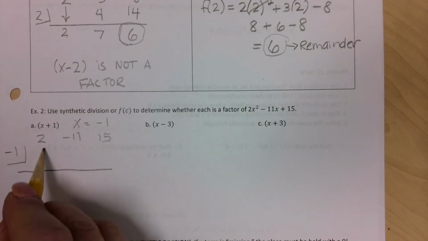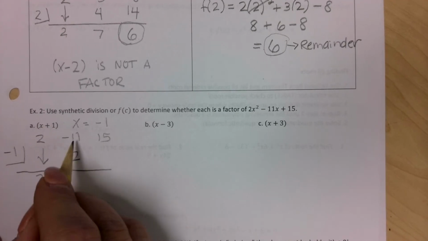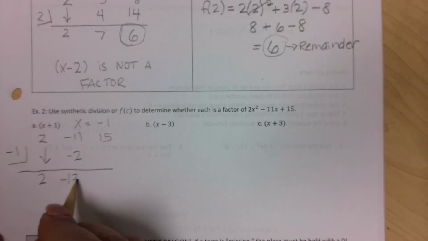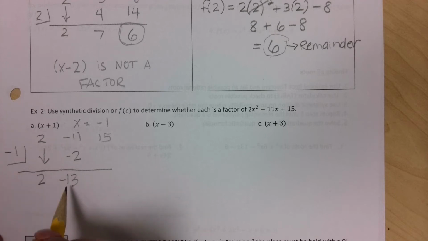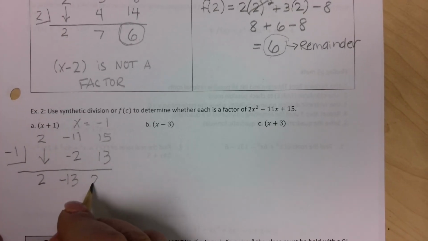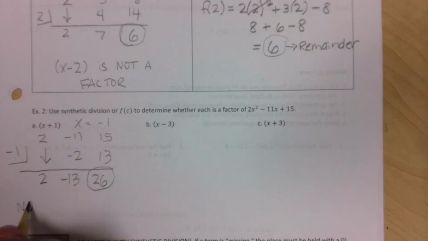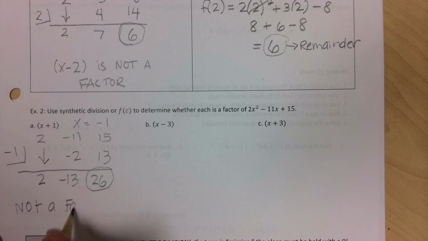Bring down the 2. -1 times 2 is -2. We add, we get -13. -1 times -13 is positive 13. We add, we get 26. This is my remainder, so it is not a factor.